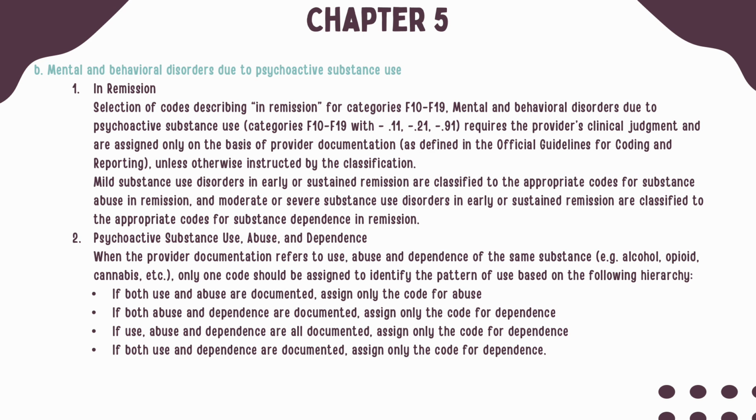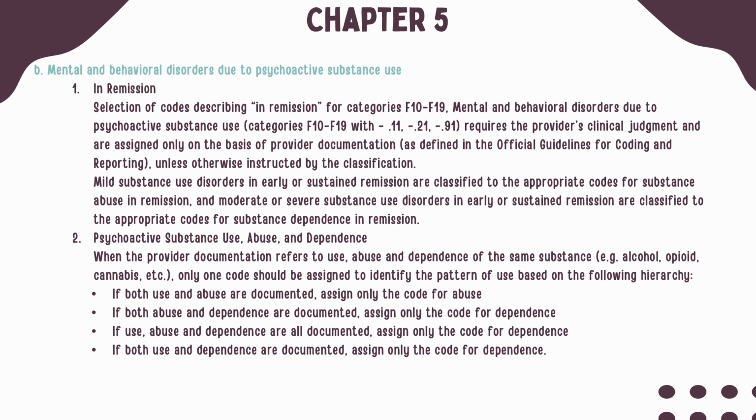When a provider refers to use and abuse of the same substance, you should only assign a single code to identify the pattern of use. This is based on a hierarchy with dependence being the highest, abuse in the middle, and then use being the lowest. If use and abuse are documented, you should assign the code for abuse.